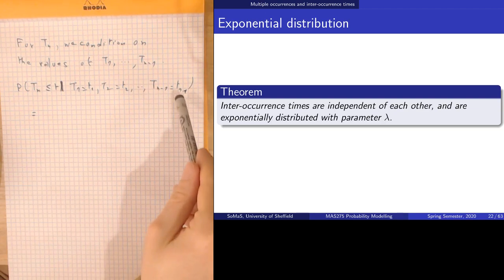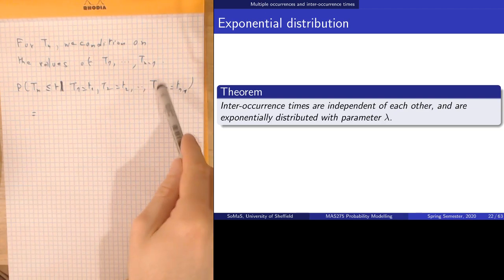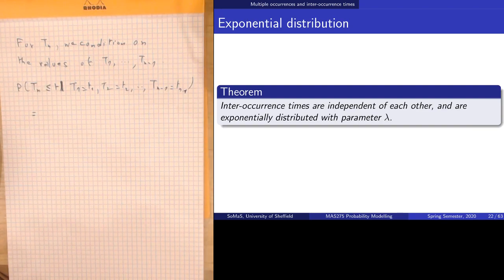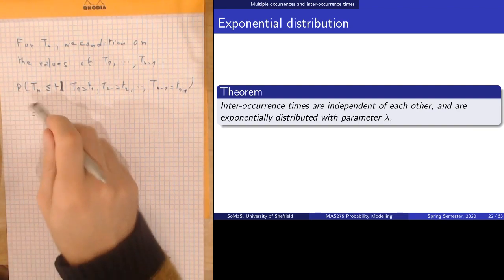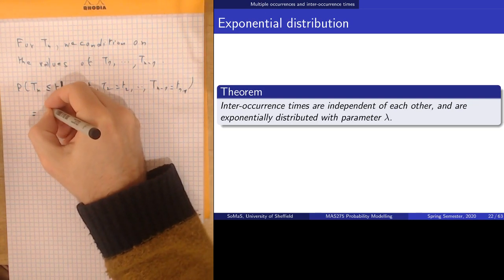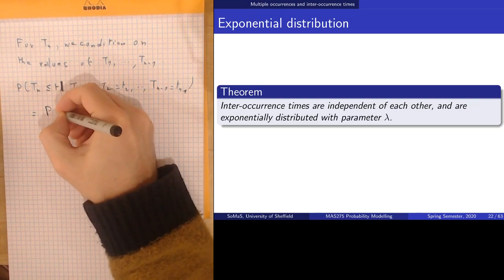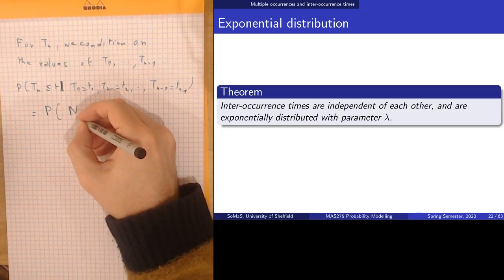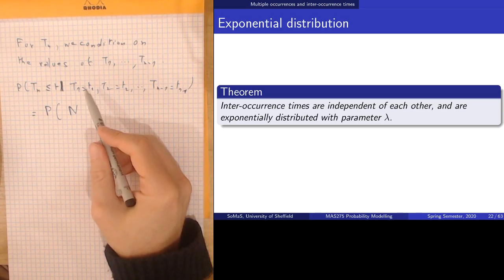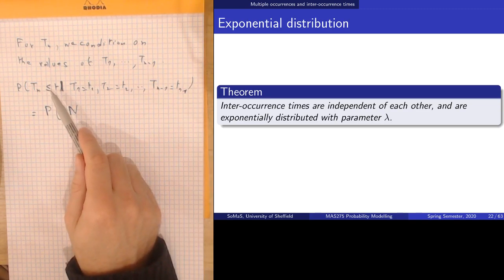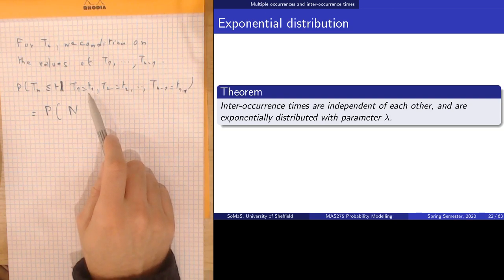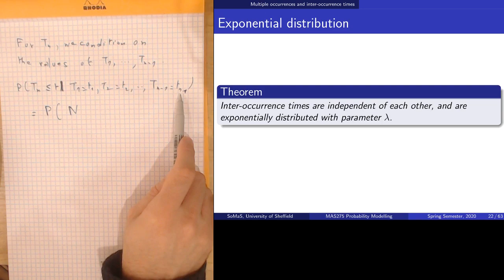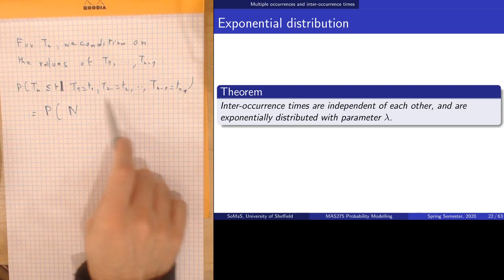So we know where the n minus 1th arrival is, and if we want the nth arrival to be before t, it's like saying we want that there's at least an arrival between the time t1 plus t2 plus t3 plus tn minus 1 and the time all of this plus t.